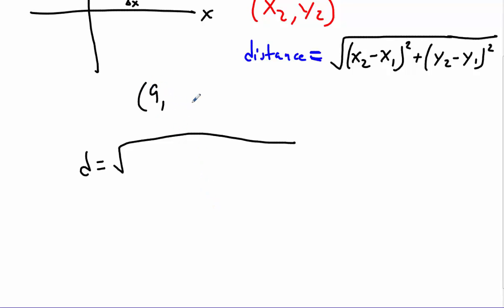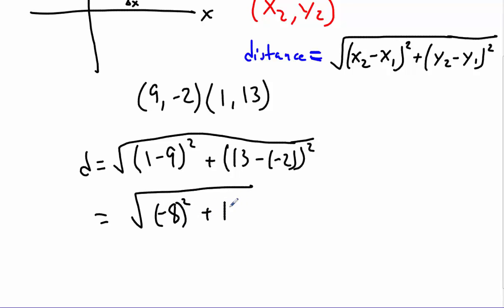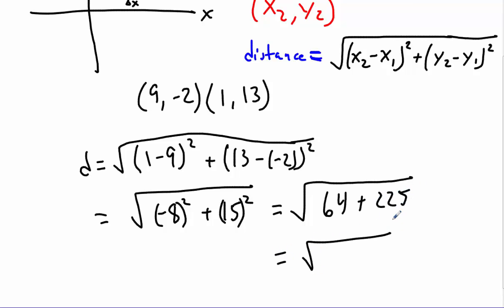So we'll do 9, -2 and 1, 13. Our distance formula is going to be the square root of 1 minus 9 squared plus 13 minus -2 squared, which equals the square root of -8 squared plus 15 squared, which comes out to the square root of 64 plus 225, which is equal to the square root of 289, which is equal to, I'm going to guess 17.